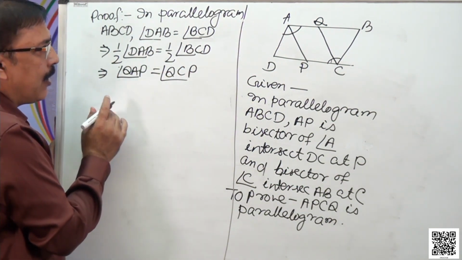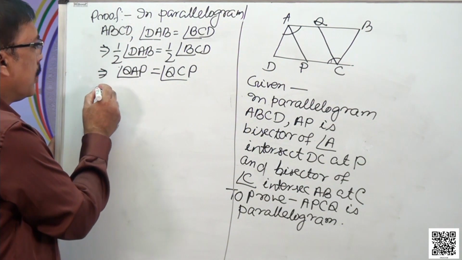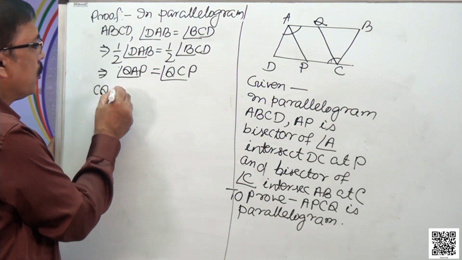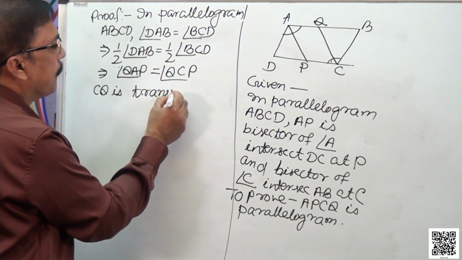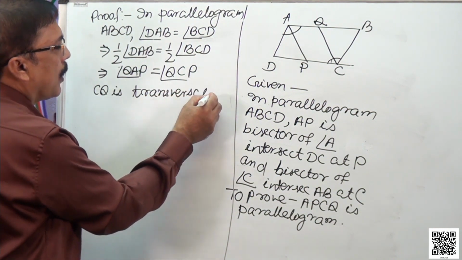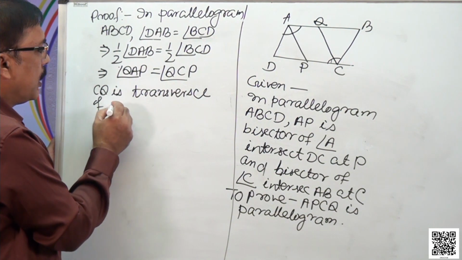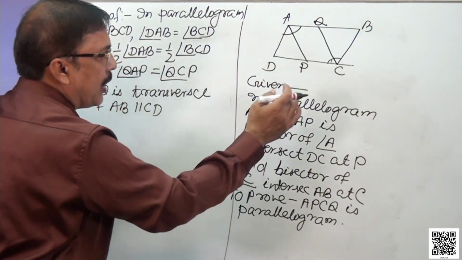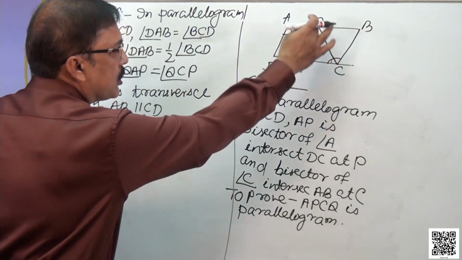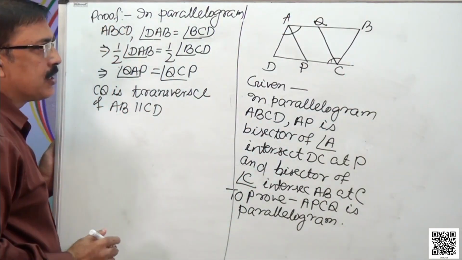Again, now let's see, CQ is the transversal of AB parallel to CD, as ABCD is a parallelogram, AB is parallel to CD and QC is the transversal.